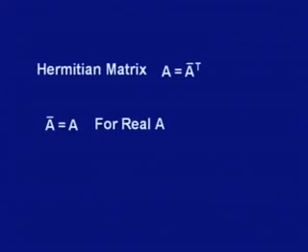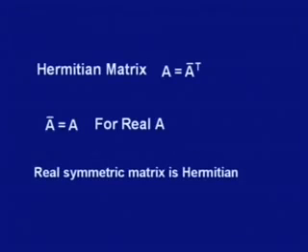Now, as I told you earlier, A bar is equal to A for a real matrix. So, a real symmetric matrix is Hermitian also, because a real symmetric matrix will satisfy this property trivially. So, a real symmetric matrix is a Hermitian matrix, but the converse is not true for complex matrices.